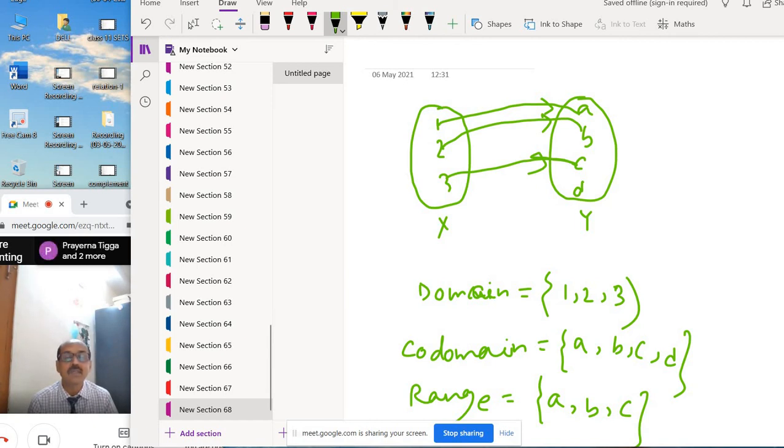D is the element which has no pre-image, so that is not in the range. So these are domain, codomain and range. Clear? Everyone understand? Yes, sir.